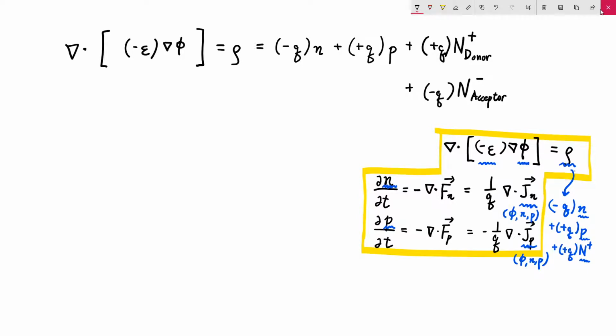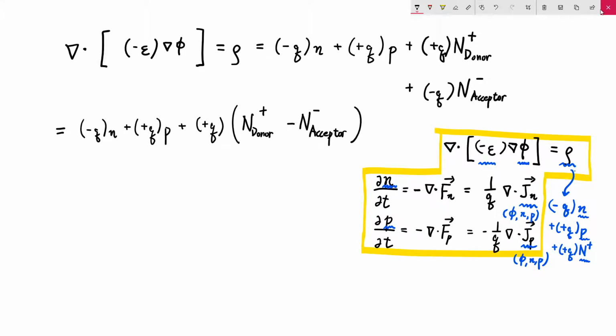That is the most standard expression for our right-hand term. But instead of having these two terms from the dopant density, sometimes people use a shorthand form like this: positive q times N donor, and minus N acceptor.